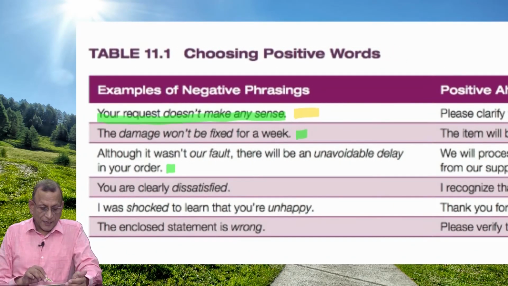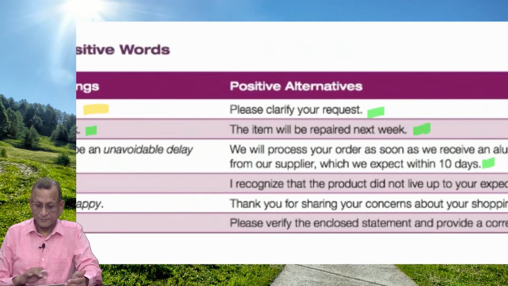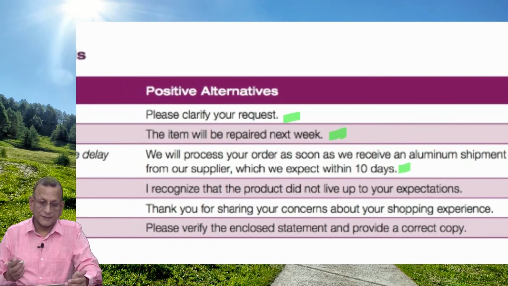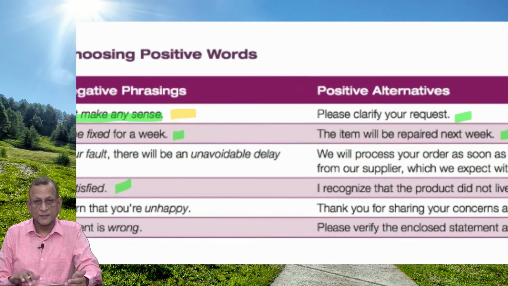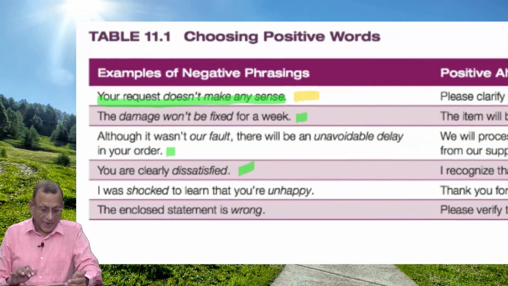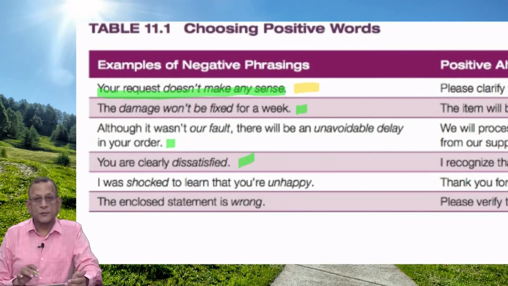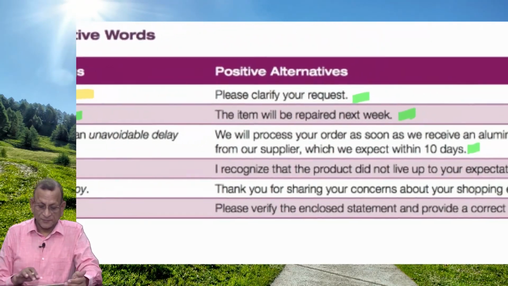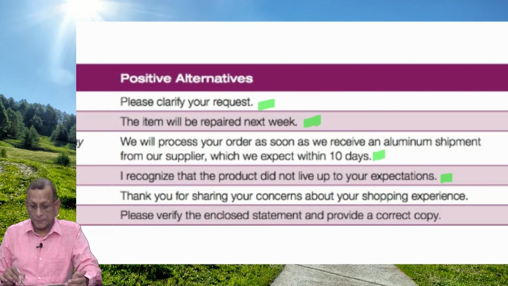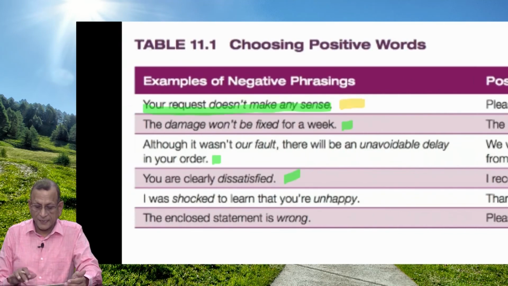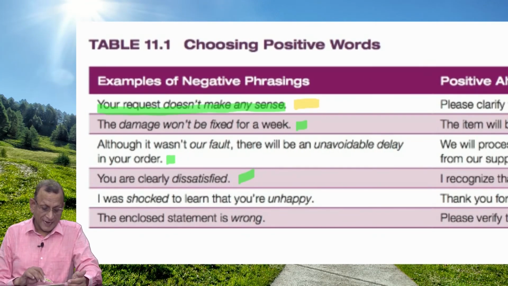Next, you are clearly dissatisfied. The positive alternative: I recognize that the product did not live up to your expectations. Negative phrase: I was shocked to learn that you are unhappy. Oh my God. The positive is: thank you for sharing your concern about your shopping experience. And finally, the negative statement is: the enclosed statement is wrong.